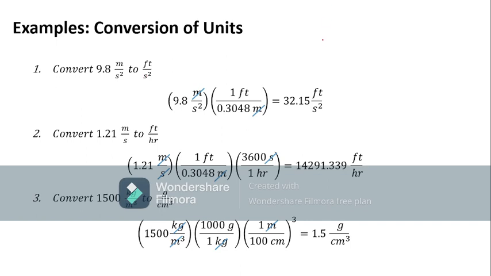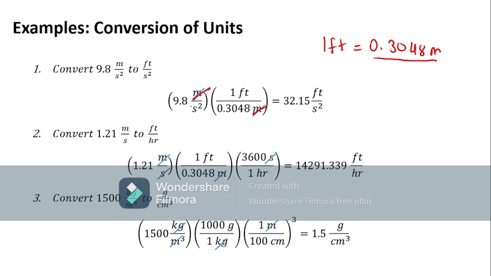So, remember, for every 1 foot, it's equivalent to 0.3048 meters. So, kung meter to, nasa taas, dapat yung nasa baba, meter din. So, this one should be in the denominator. So, 0.3048 meters, denominator, yung 1 foot natin nasa numerator. So, cancel.